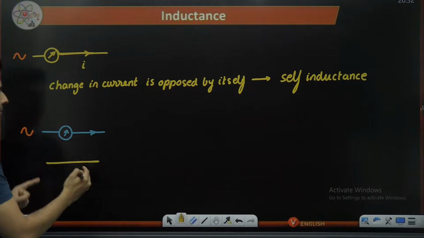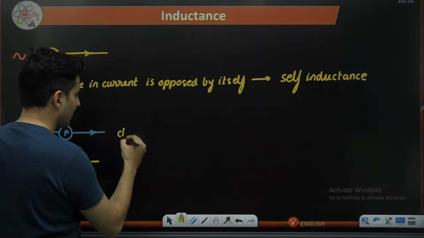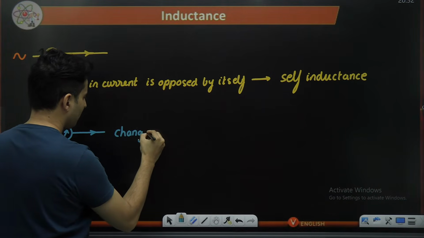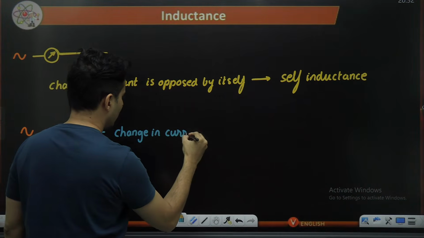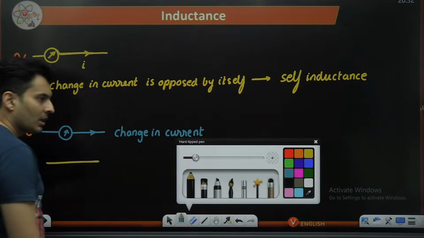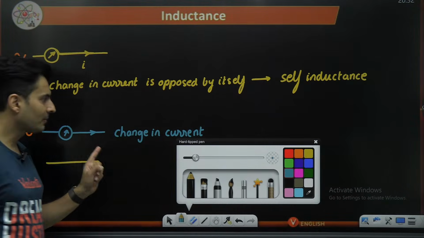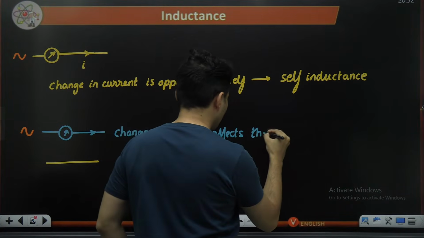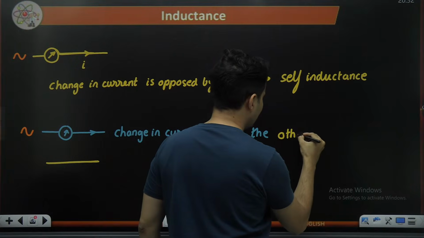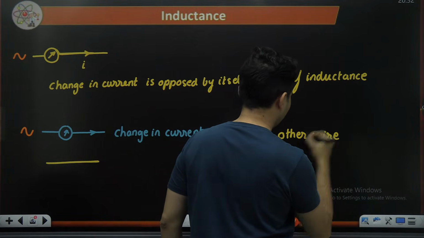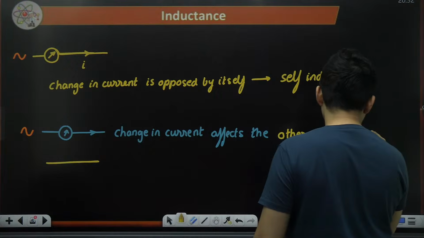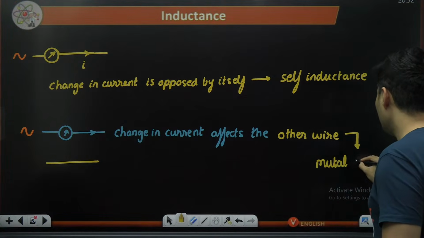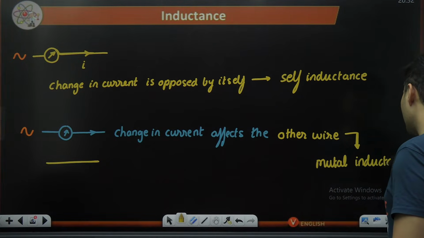So a change in the current over here affects the other wire, the other conductor. That is basically your mutual property, mutual inductance.